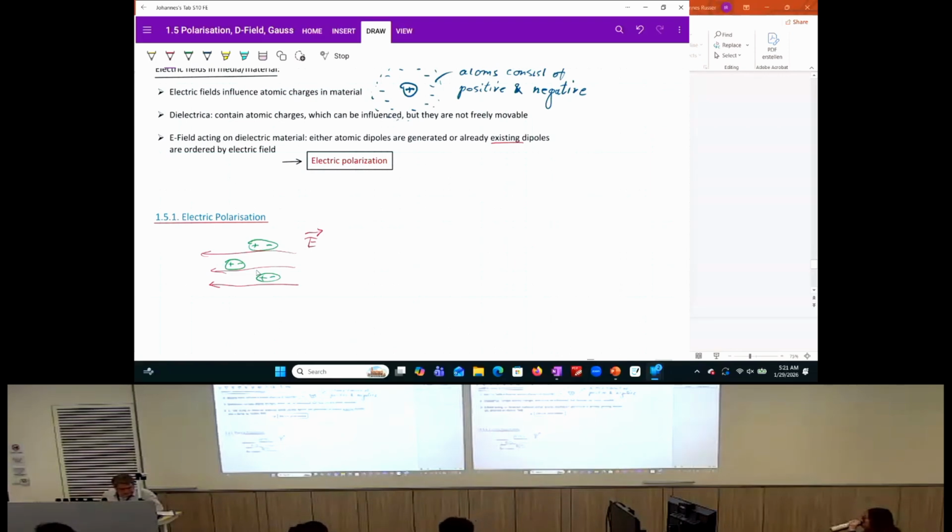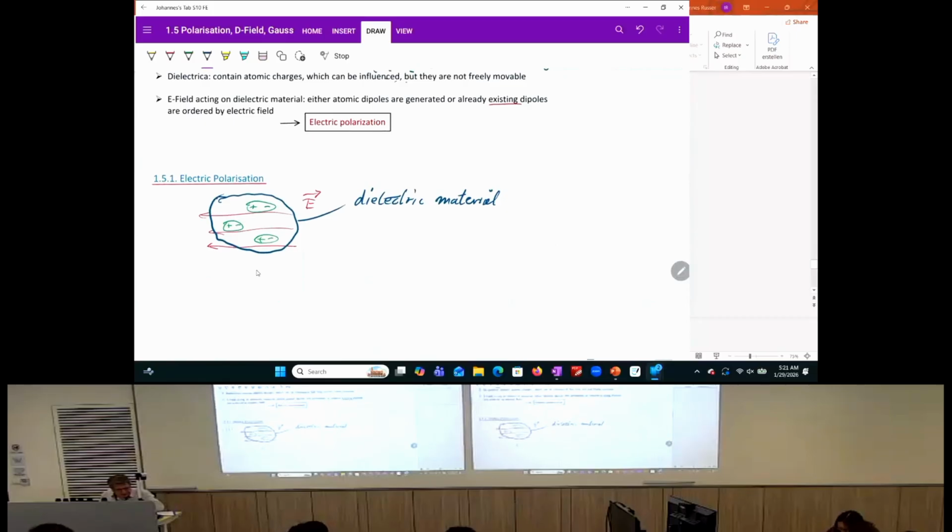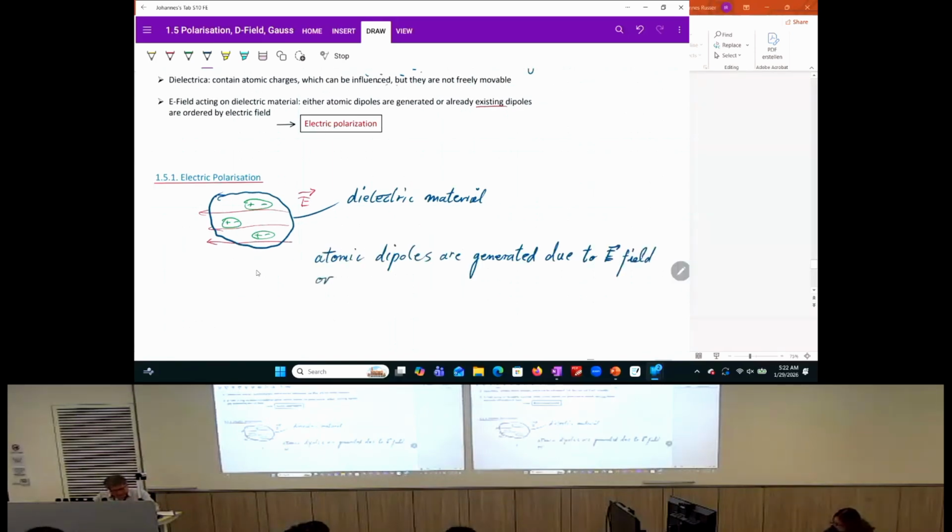So here you basically have a dielectric material, and the atomic dipoles that I have sketched here in green are either generated, or respectively oriented, due to the electric field, or they exist in the first place. They already exist, it could also be an option.